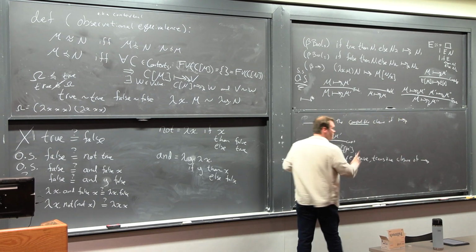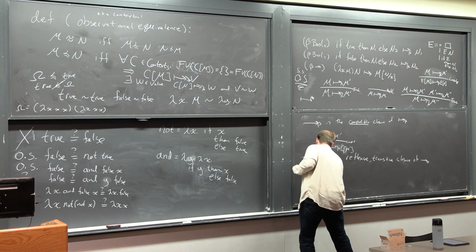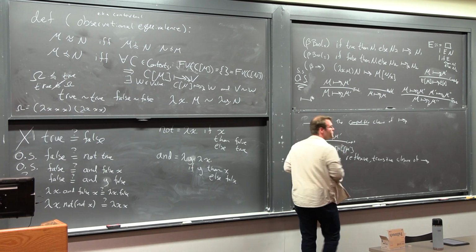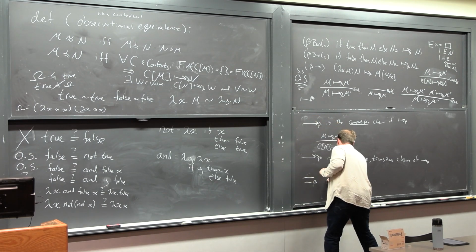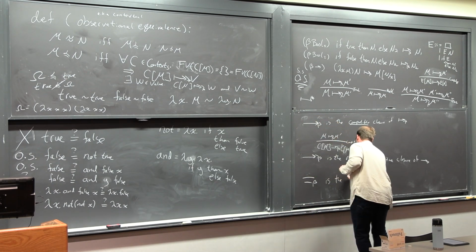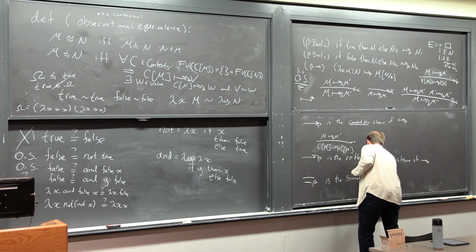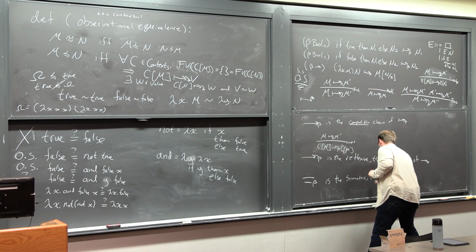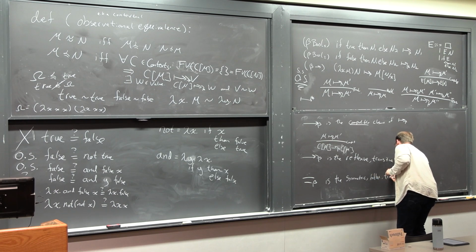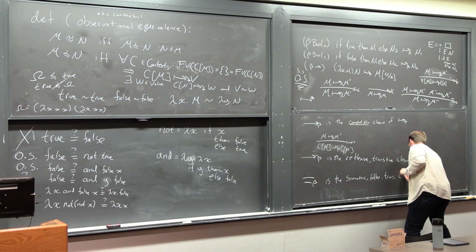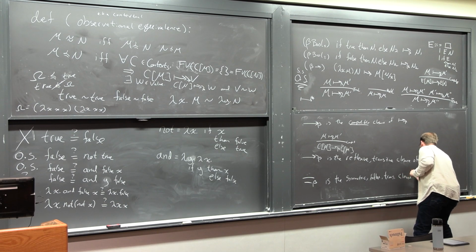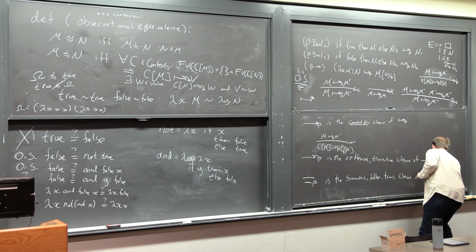And finally, one more step is beta equivalence, which is the symmetric, reflexive, transitive closure of a single step.